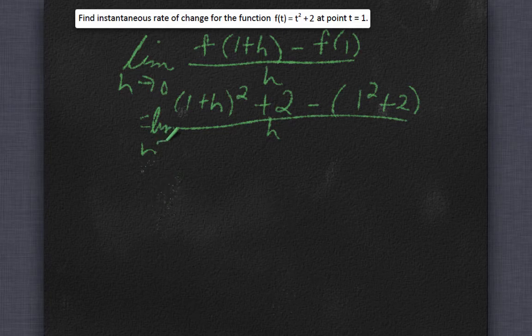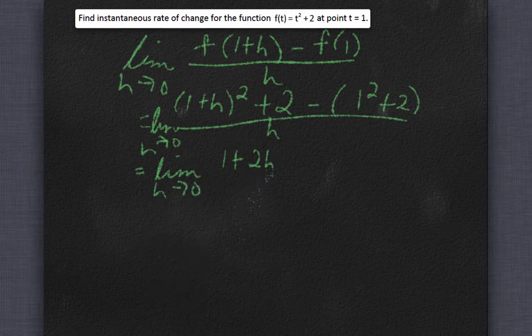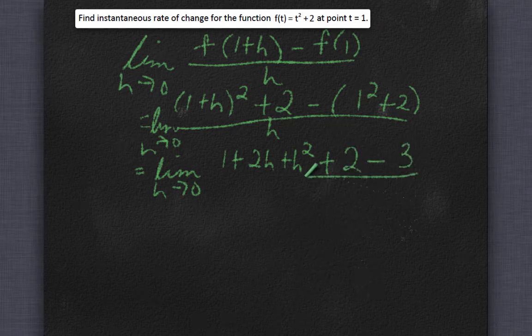Oh, criminy. My limit back, okay? So that's the limit as h goes to 0 of 1 plus 2h plus h squared plus 2 minus 3 over h. 1 plus 2 minus 3 cancels. You can take another step to make that 1 plus 2 into 3 if you want, but anyway, they cancel.